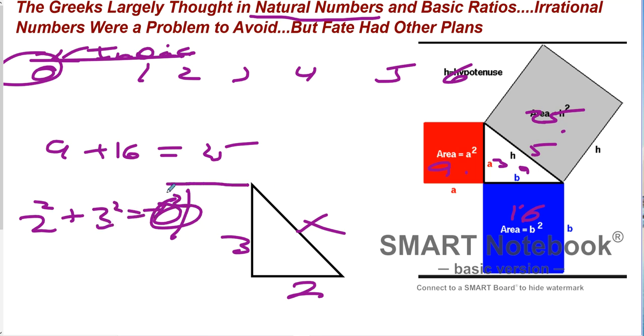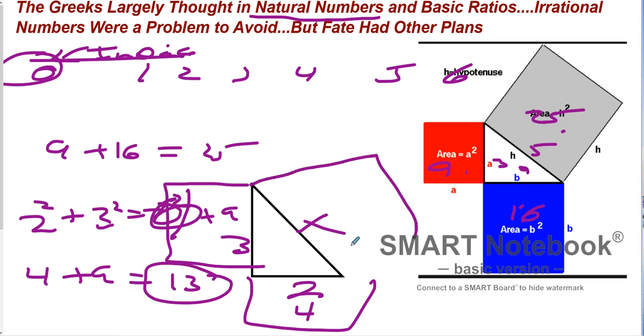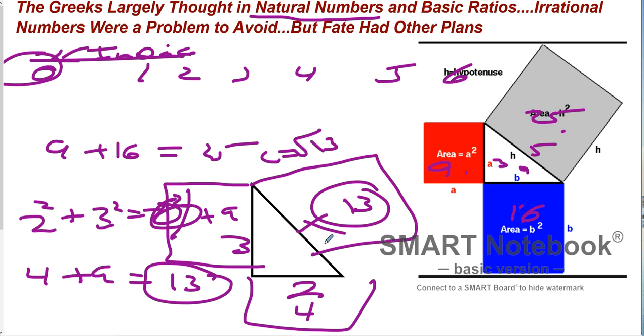But here, they're thinking, of course I drew terrible squares, 4 plus 9. So you would have 4 plus 9 is equal to 13. That's how they would think of this in terms of area. They would not think of this as the square root of 13. They would not think of c as equal to the square root of 13. They think of the area as 13. So they didn't have to deal with those pesky little radicals.